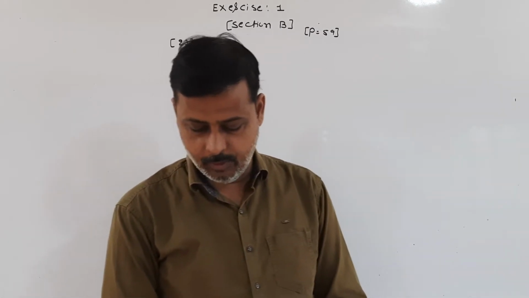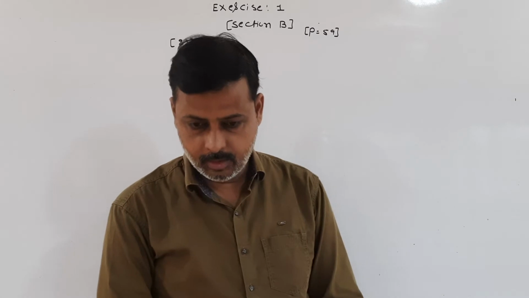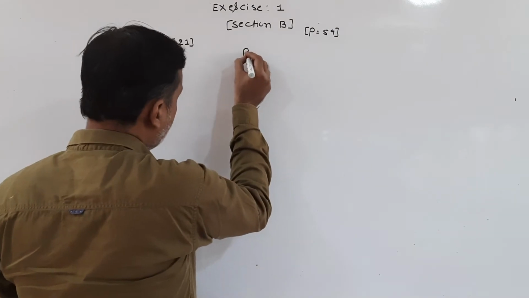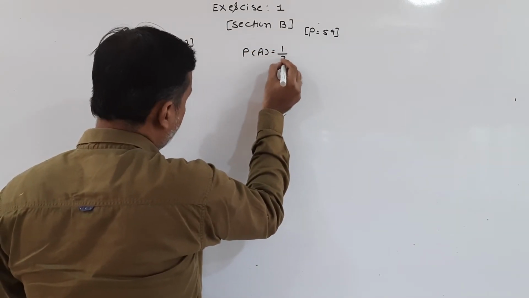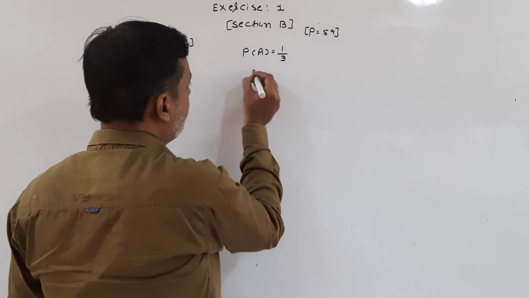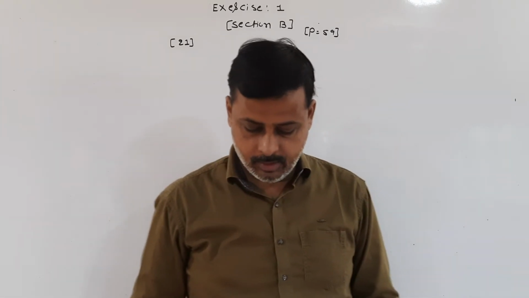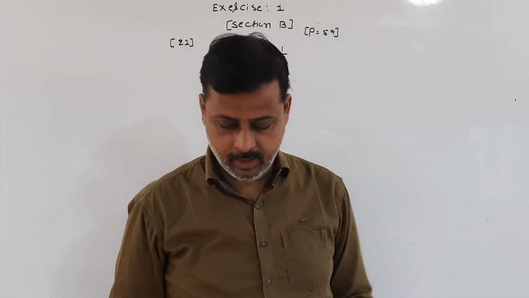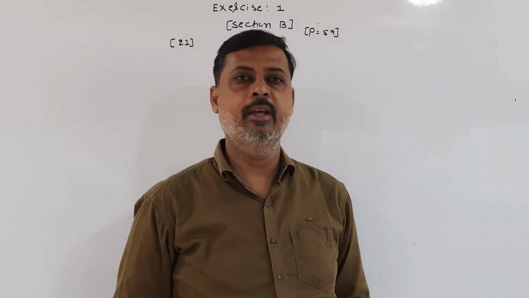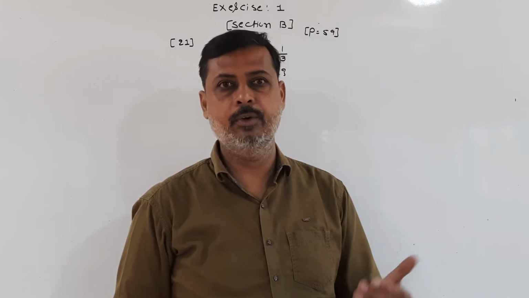If P of A is equal to 1 by 3, find P of B. Here P of A is given as 1 by 3, and we have to find P of B. If A and B are mutually exclusive, then P of A intersection B is equal to phi.